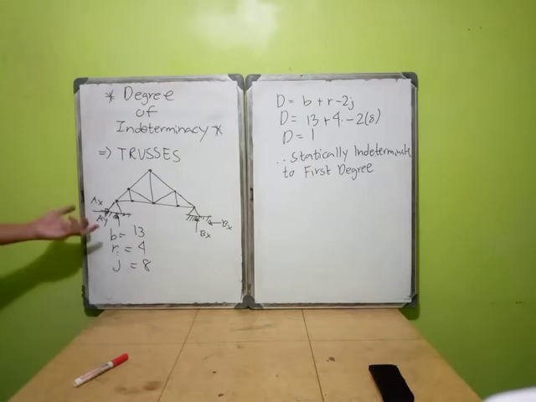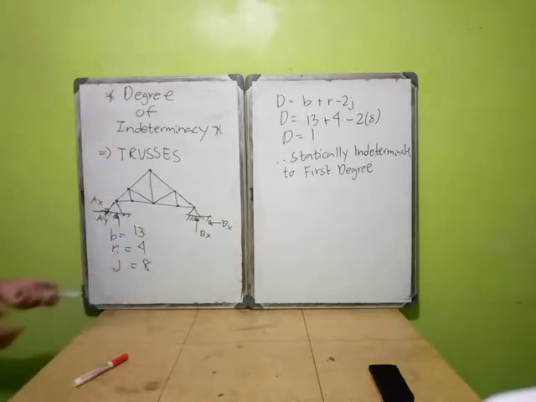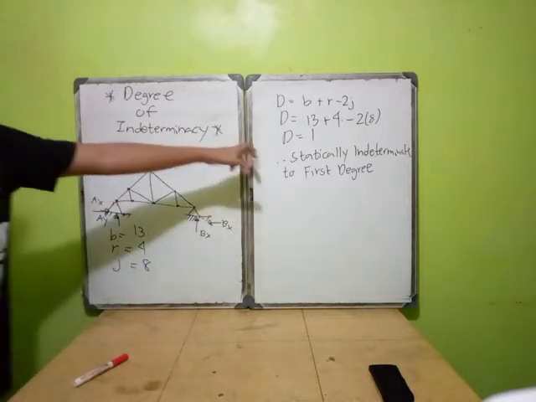So, this is the answer for trusses with both pinned supports. Yan yung sagot dito. Statically indeterminate to first degree. So, D is equal to 1.